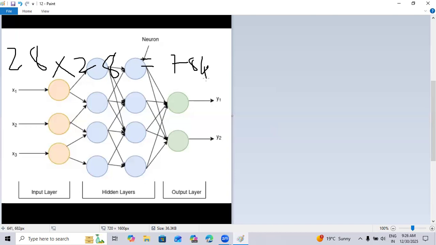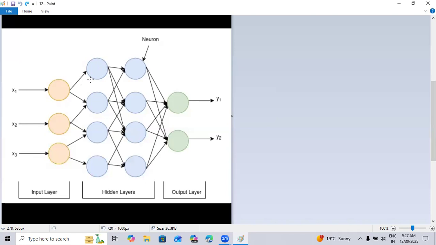Every input is taken as these pixels, maximum 28 into 28 pixels. It is considered as the user input, which is processed by the hidden layers for every single pixel through these connections. Every single node is connected to all the nodes in the hidden layer.